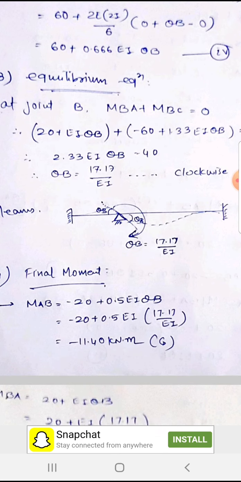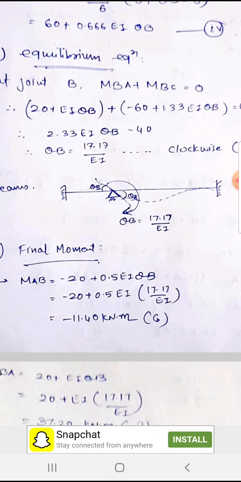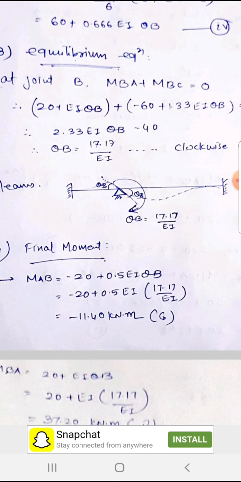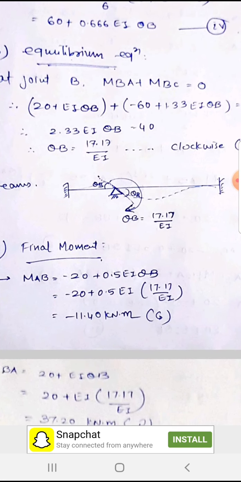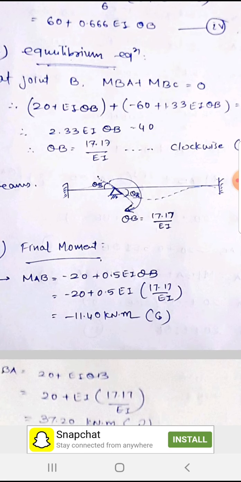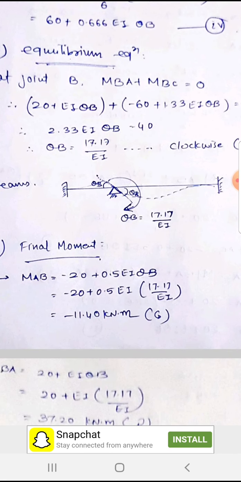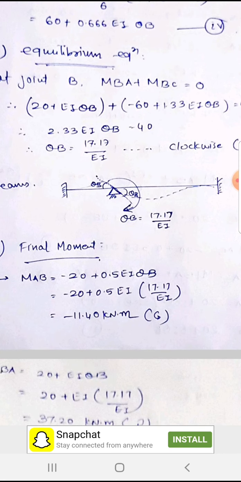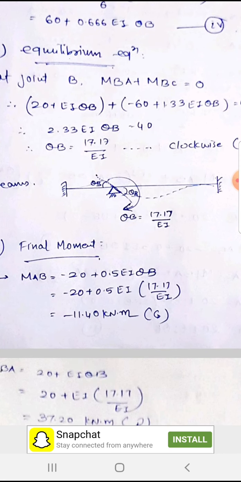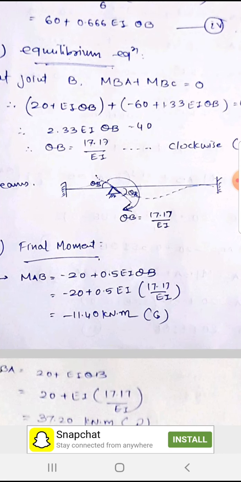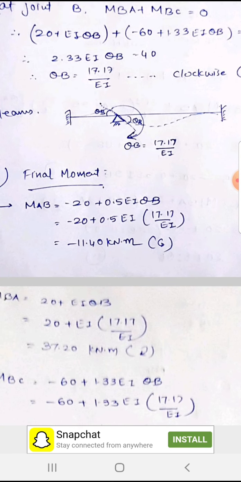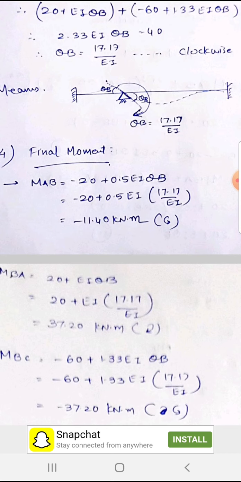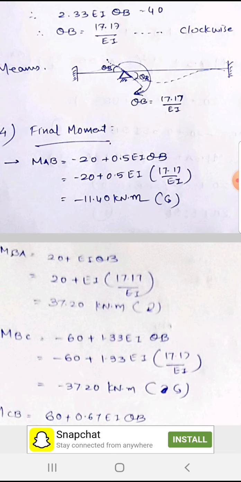Now the final moments. We have equations of moment AB, moment BA, moment BC and moment CB. We are going to put this theta B value, which we have found, into all the equations, and finally we get the final end moments: MAB is equal to minus 11.40.